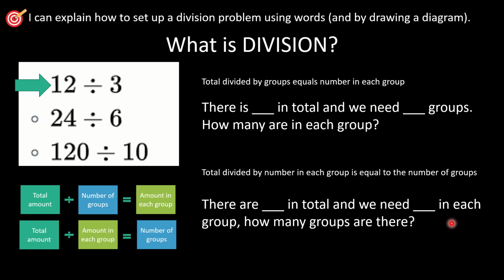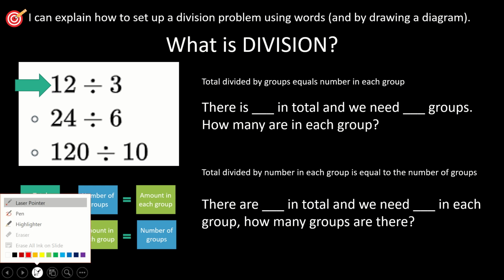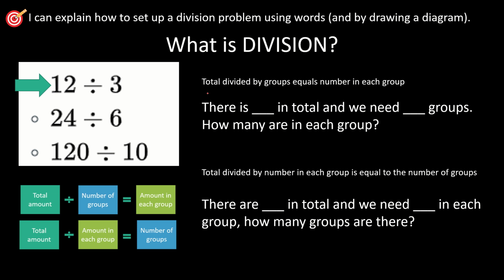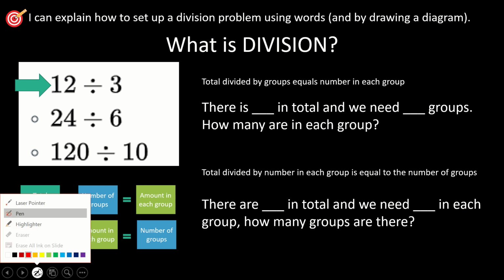So we have this first problem. We have 12 divided by 3. We want to rewrite this with words in a way that we can explain both the total divided by groups is equal to the number in each group and the total divided by the number in each group.